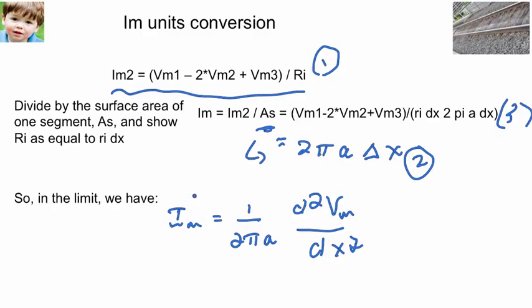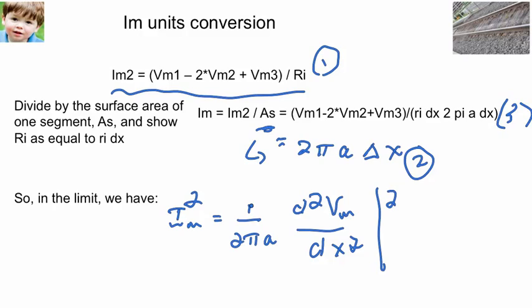So if this is Im2, it'll be this derivative evaluated at site number 2. If this is Im3 or 4 or 7, the derivative on the right will likely be evaluated in the same way.